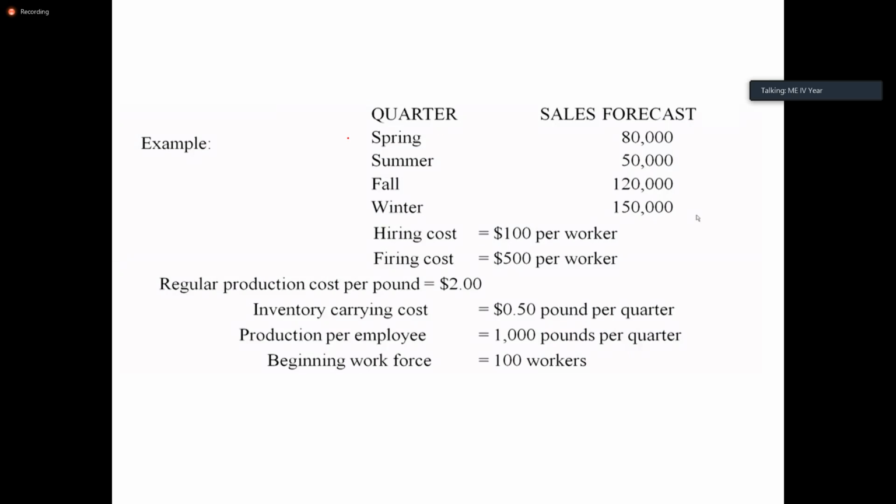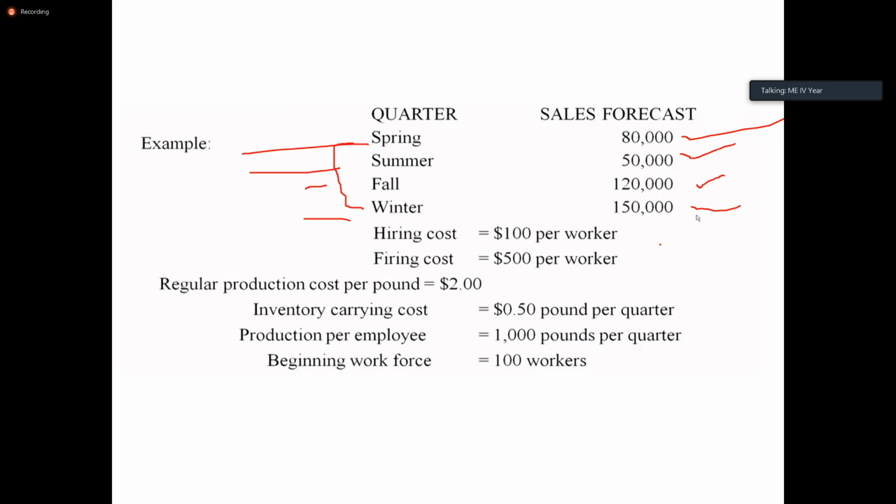We'll see this. Here they have given the data for 4 quarters: spring, summer, fall, winter, and the input data is 80,000, 50,000, 1,20,000, 1,50,000 products for the different quarters.